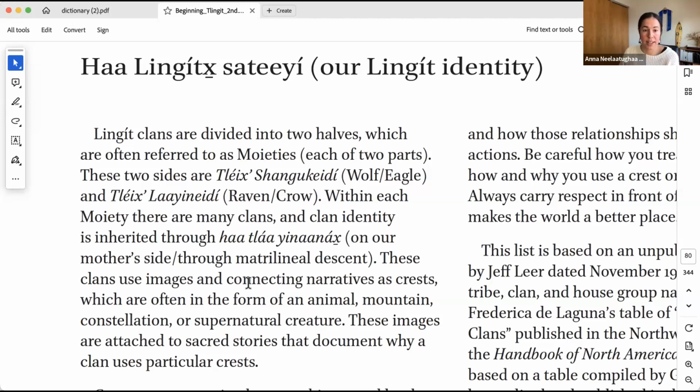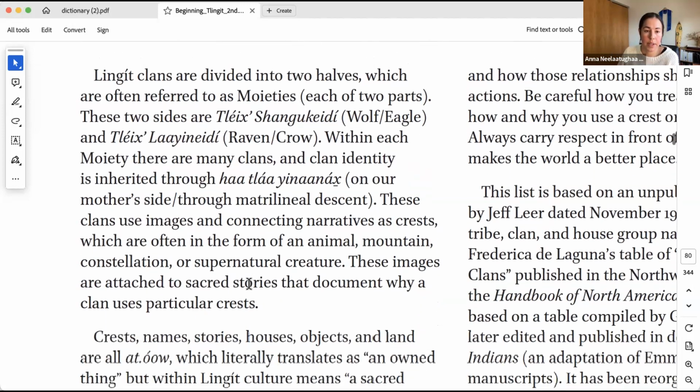Within each moiety, there are many clans, and clan identity is inherited through Hatla Yananach on our mother side, meaning through our matrilineal descent. These clans use images and connecting narratives as crests, which are often in the form of an animal, mountain, constellation, or supernatural creature. These images are attached to sacred stories that document why a clan uses particular crests.